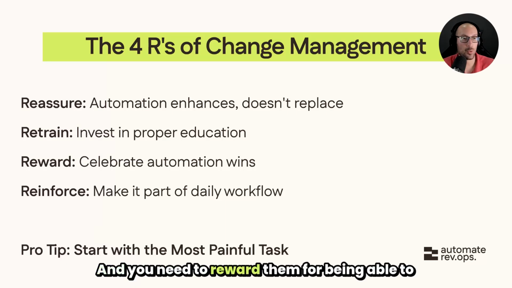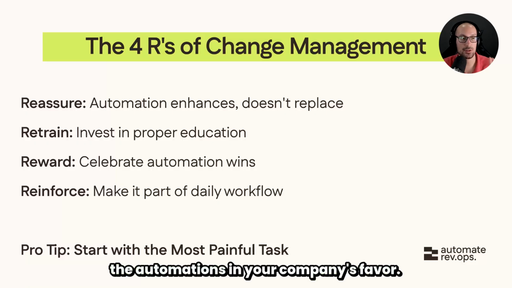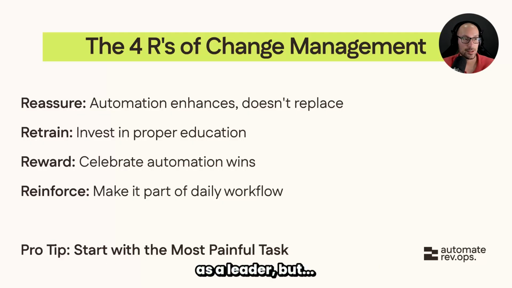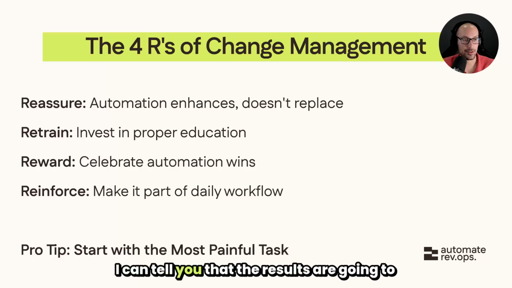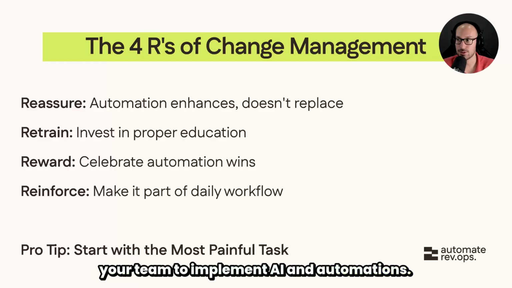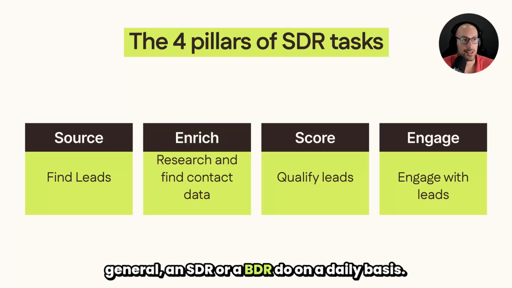And you need to reward them for improving the results and using the automations in your company's favor. That's culture work you need to do as a leader, but I can tell you the results are going to be there if you empower your team to implement AI and automations.